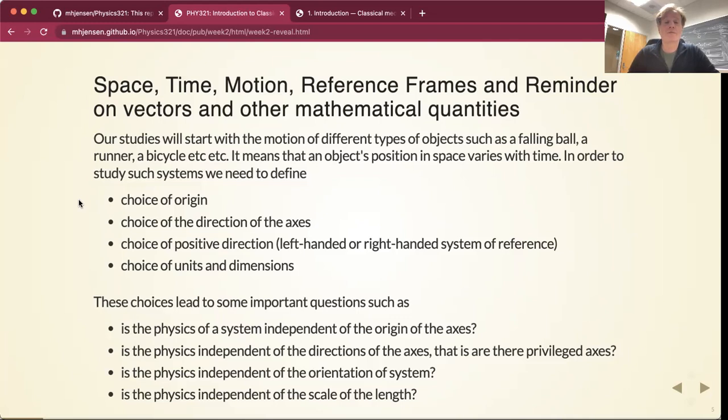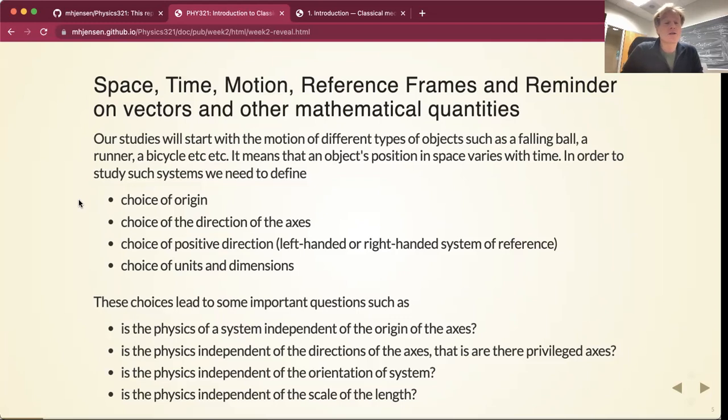Another thing, if you think of the orientation of the system, whether you've chosen a left-handed or right-handed system of reference, the physical laws should not depend on that. This statement needs some modification, because in quantum mechanical systems, a process like beta decay can depend on whether you're looking at a left-handed or right-handed system of reference.